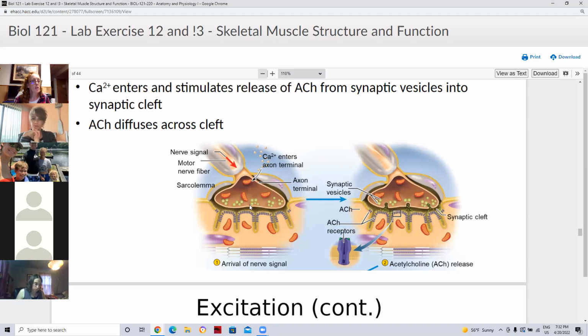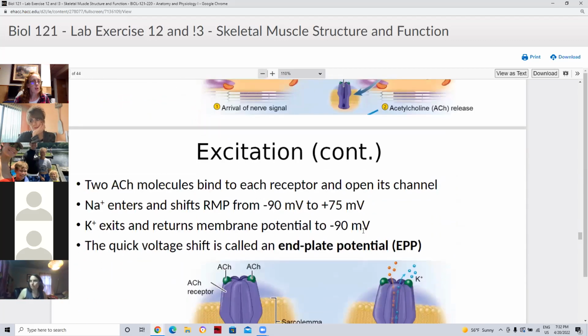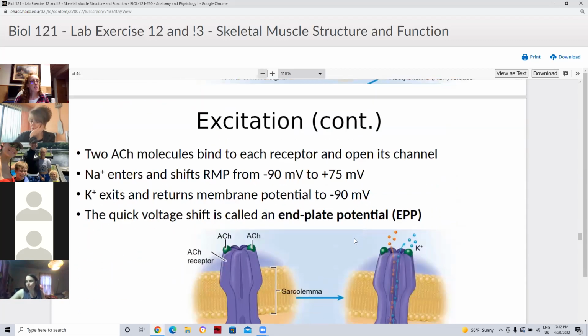The acetylcholine then diffuses across the cleft. Acetylcholine will bind to each receptor and open the channel, allowing sodium to come in and depolarize the membrane. Just like we saw before with neuronal action potentials.